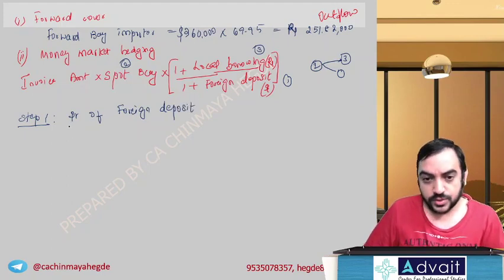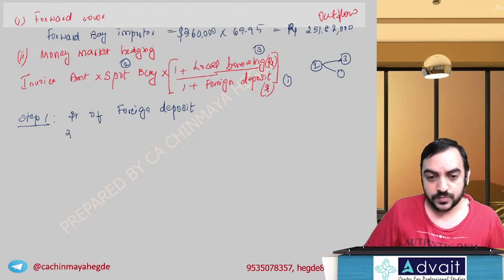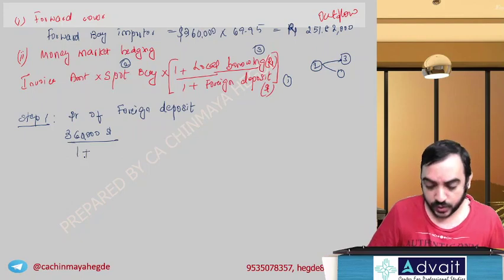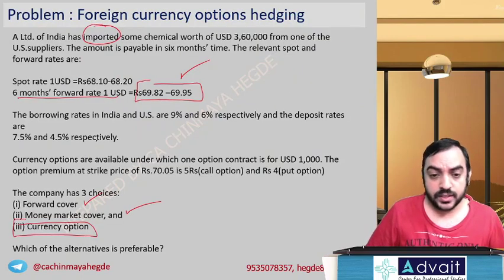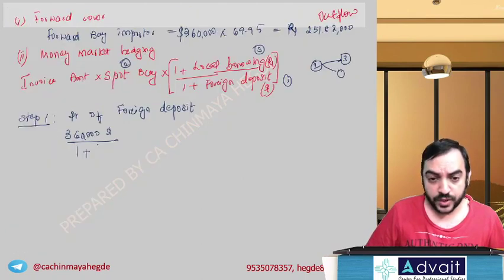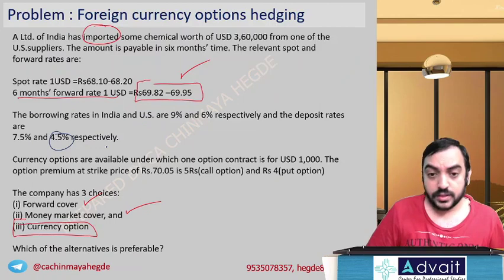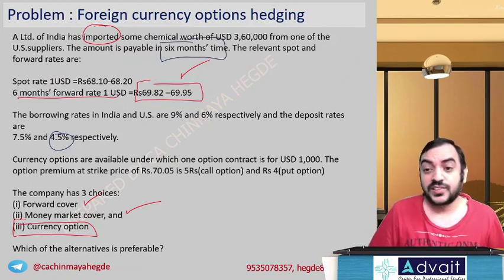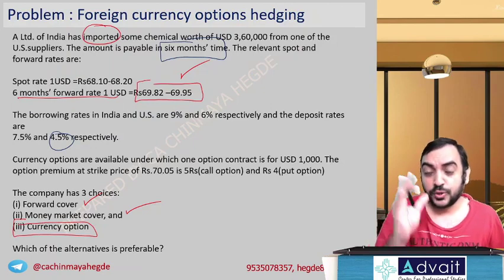So invoice amount is $360,000 divided by 1 plus the foreign deposit, the dollar deposit rate, which is 4.5, so 1 plus 0.045, multiplied by 6 by 12. This is only for 6 months. Remember, they give critical information in words, not in numbers, so that you miss it in the exam.